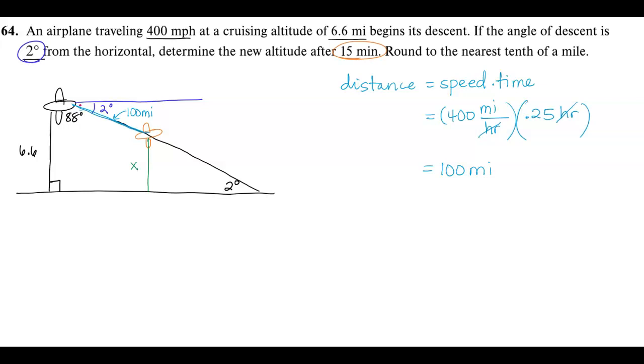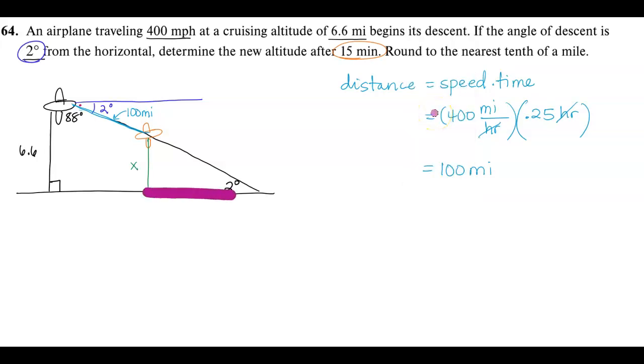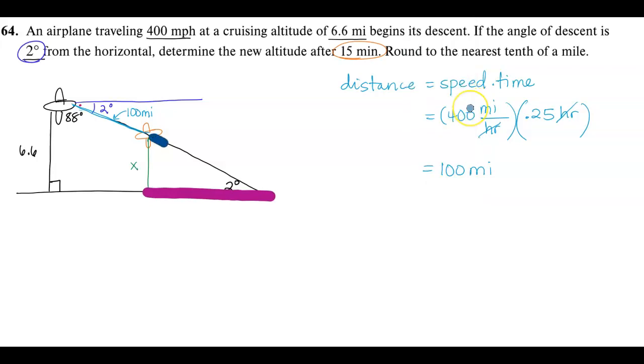Now let's see what else we can figure out. Because in order to solve for x, we're going to need at least one other side from the smaller triangle. So in order to solve for x, we're either going to need that distance there, or we're going to need this distance here. Either one. Since we already have a piece of the hypotenuse, let's go ahead and find that blue distance.